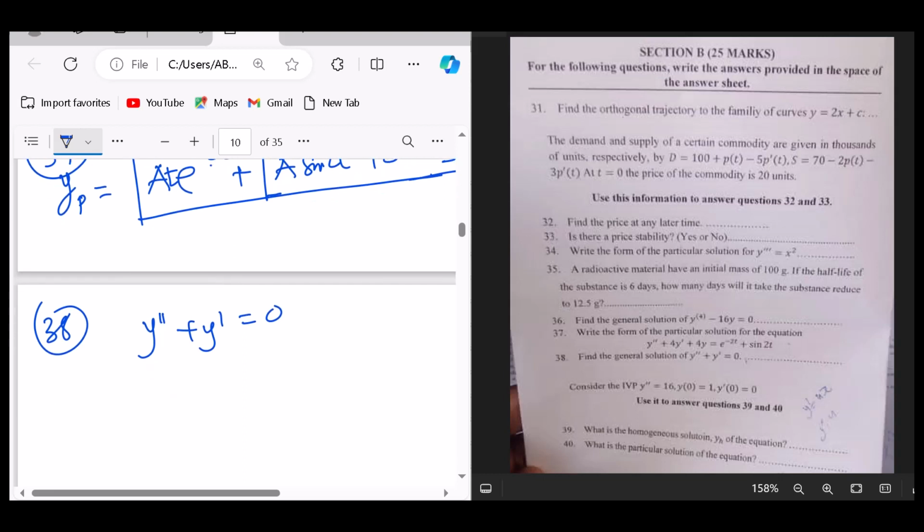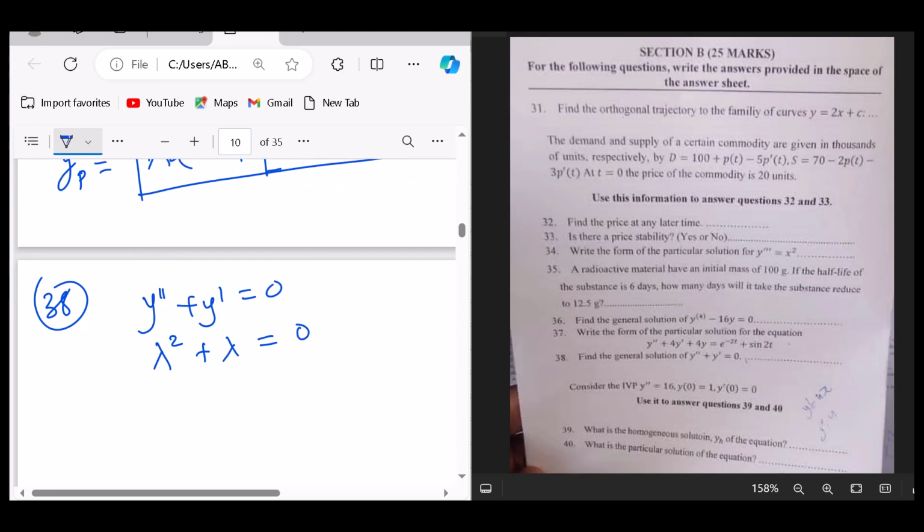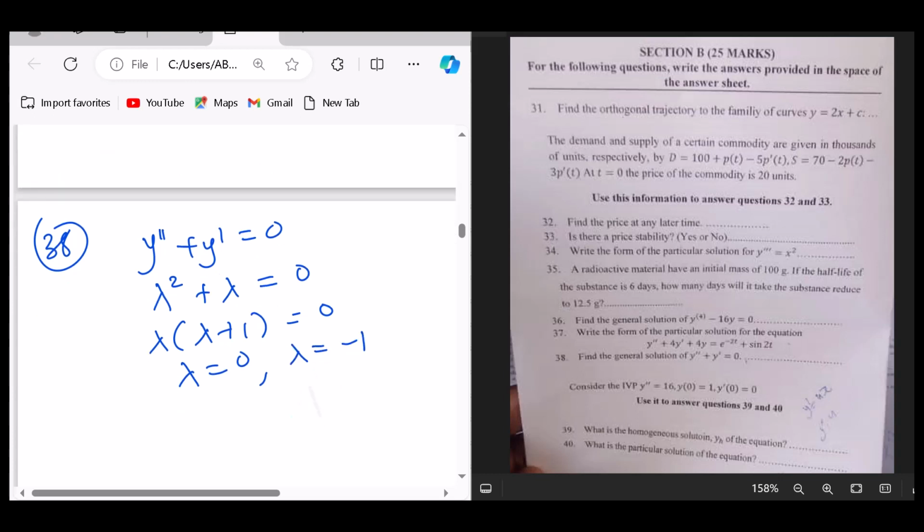Writing the characteristic equation, it is lambda squared plus lambda equals 0. So lambda out, lambda plus 1 equals 0. Lambda equals 0 and lambda equals negative 1.